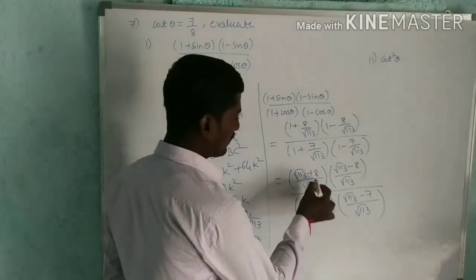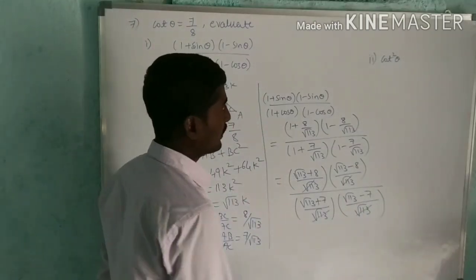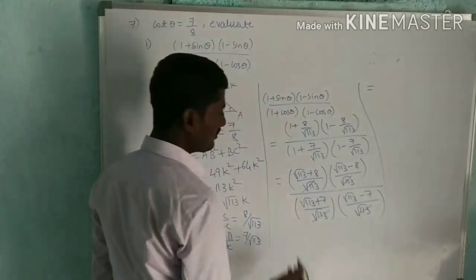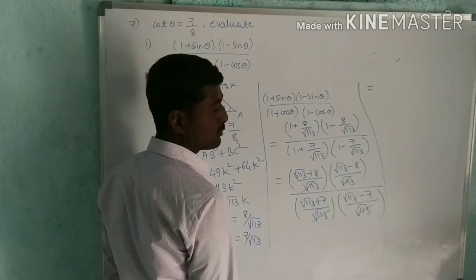Now root of 113 gets cancelled. Now the remaining is of the form a plus b into a minus b. That is a square minus b square.